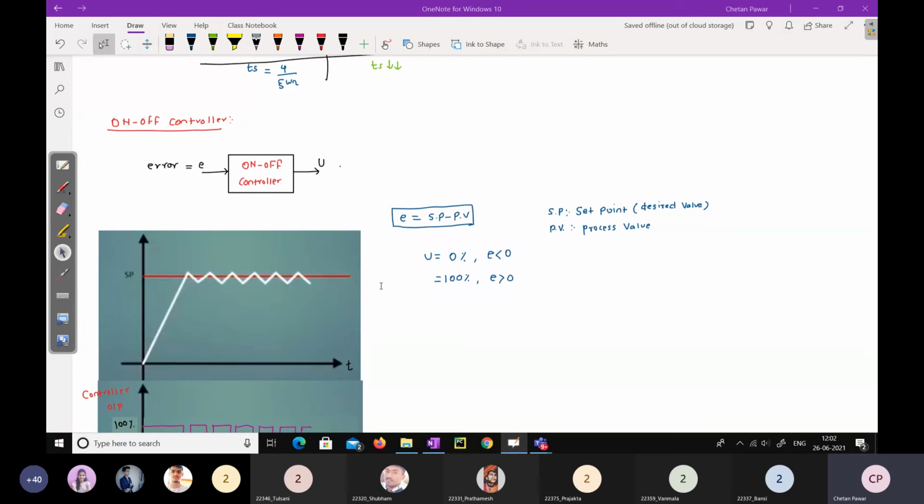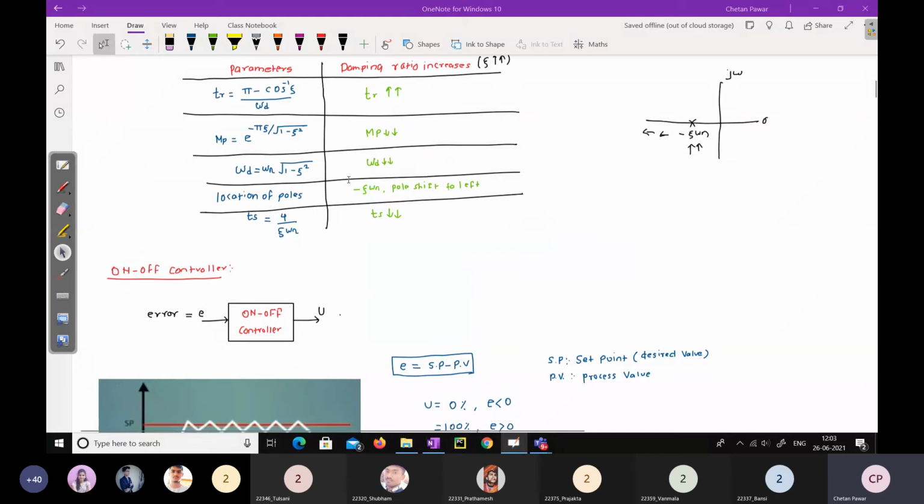As we have seen, the input to the on-off controller, or any controller, is an error, okay? And U is the output here. So now, what is the E? That is the set point, whatever desired input we are applying at this point.